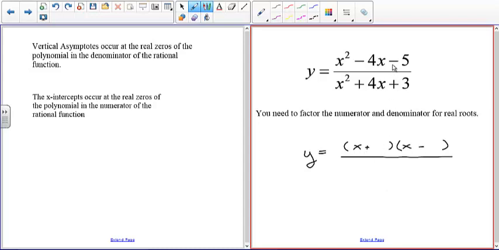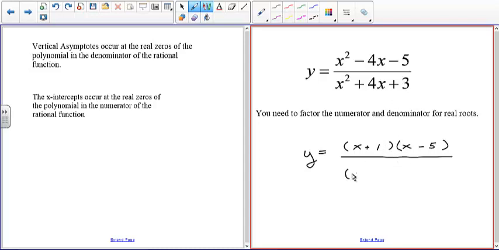And because the coefficient associated with x is negative, that means the larger of the two numbers that multiplied together give you 5 has to be negative. So that one has to be positive. Now you can see if I multiply this out, I'll get x squared plus 1x minus 5x, which gives you -4x. And positive 1 times -5 gives you -5.